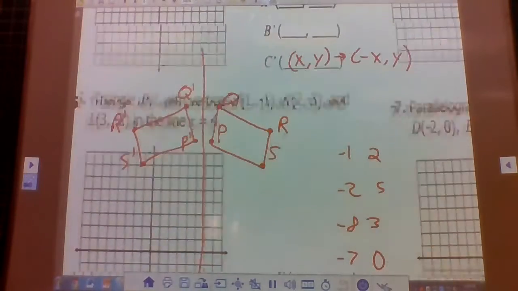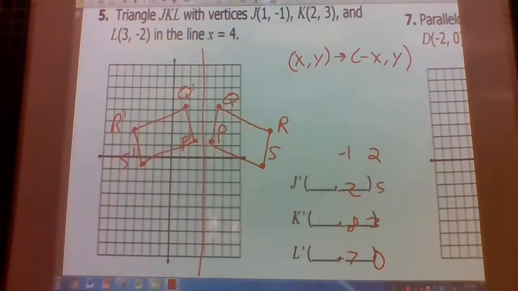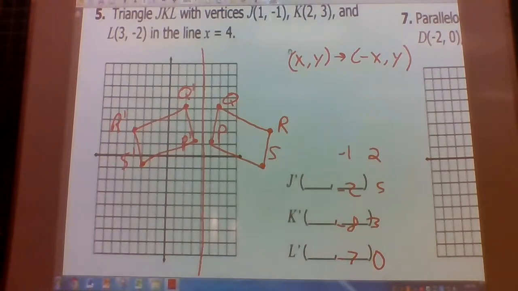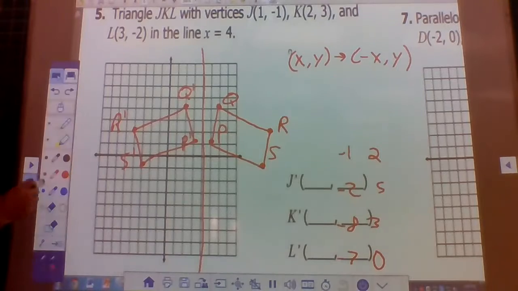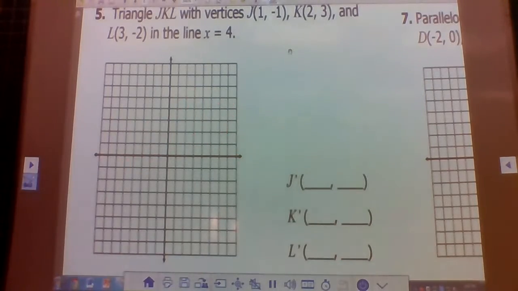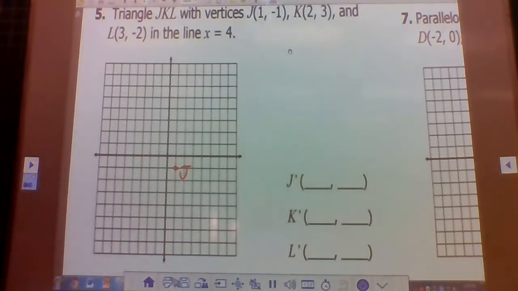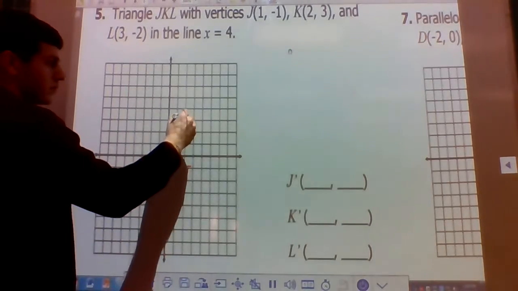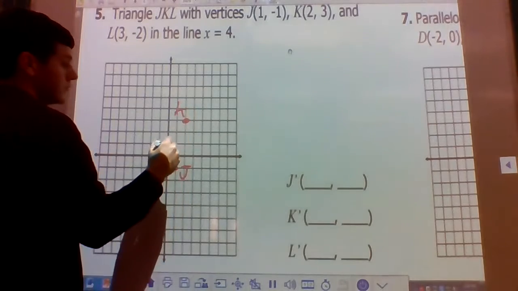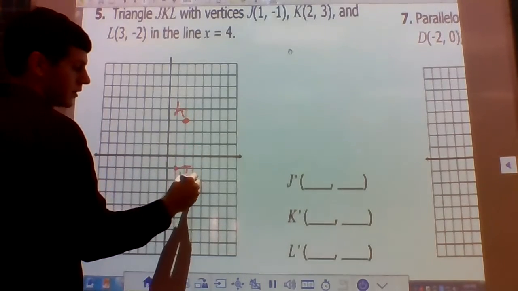Next one has us reflect over the line x equals 4. So let's draw our triangle out, JKL. Okay, so J is 1, -1. K is 2, 3. And L is 3, -2.